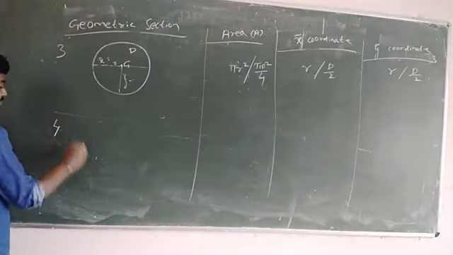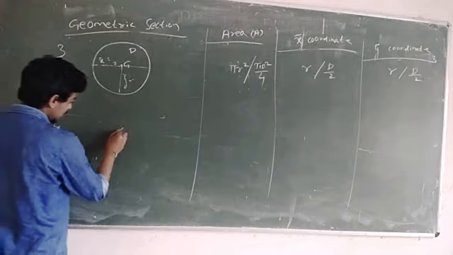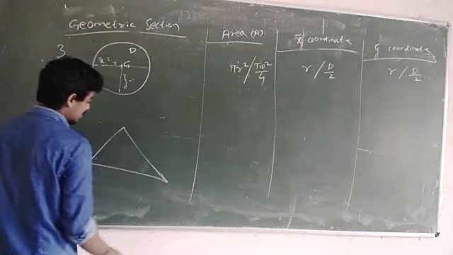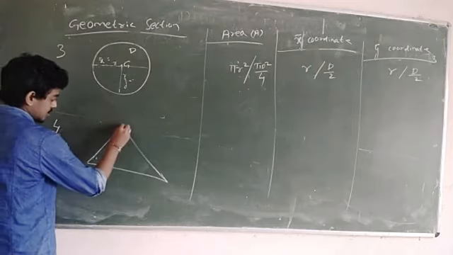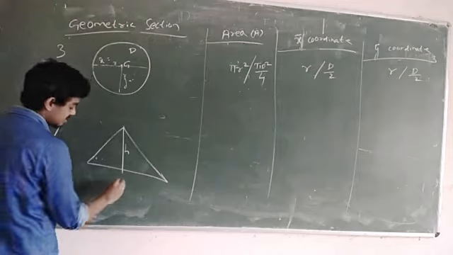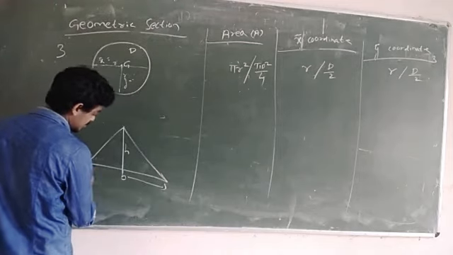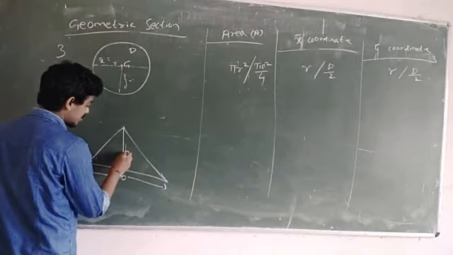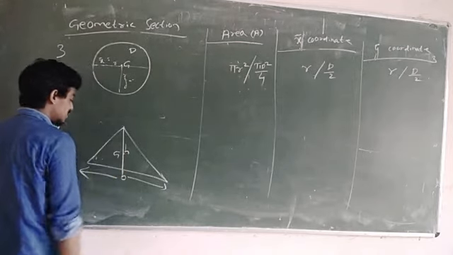Next I am moving to the fourth section. Suppose one triangle. This is the perpendicular line. Suppose the height is h and the base width is b. Suppose the centroid is at this point.